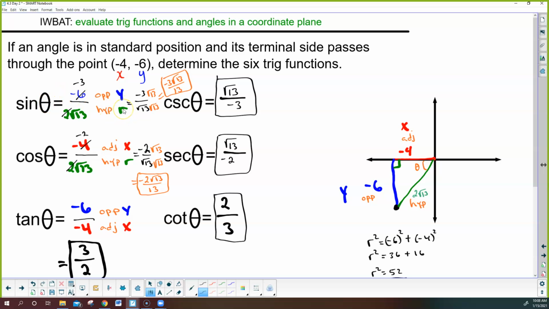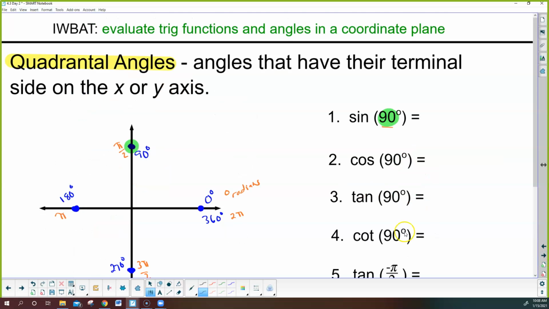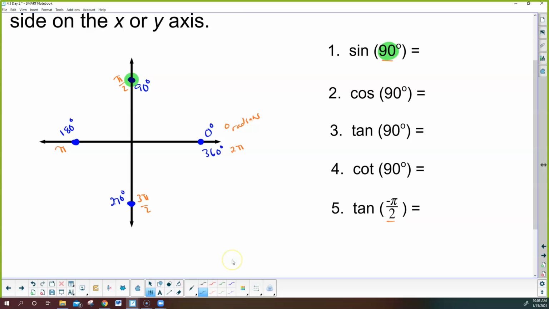And that's the key here. We're going to learn more about that coming up. If the radius was 1, that means the sine is just the y value. And cosine was x over r. So if the radius was 1, the cosine is just x. And that's how we're going to evaluate these.